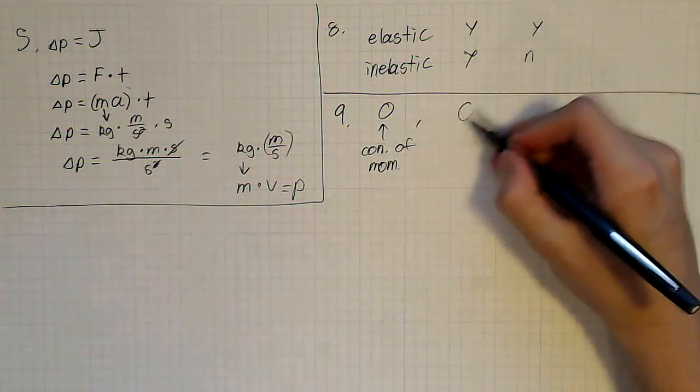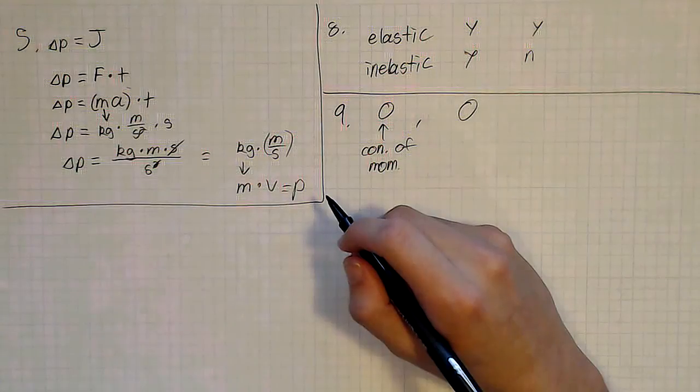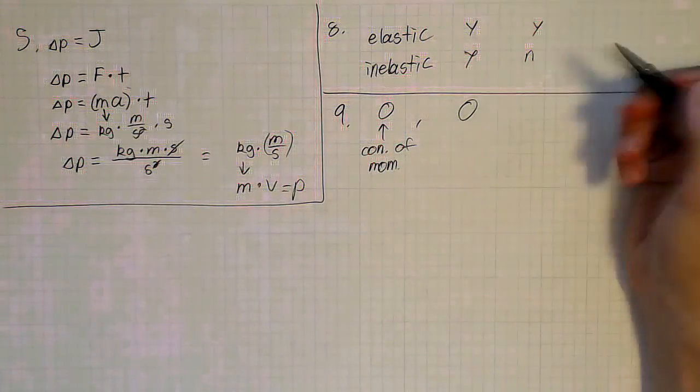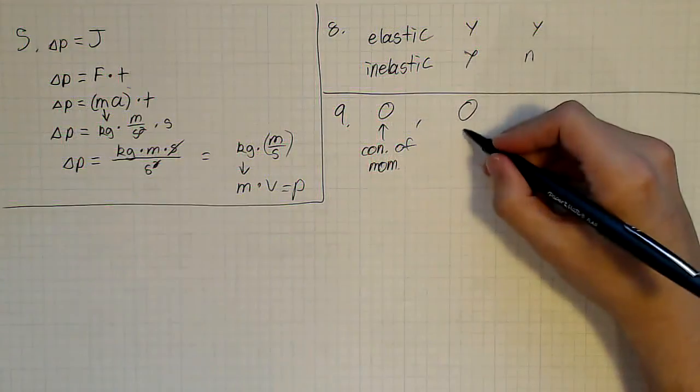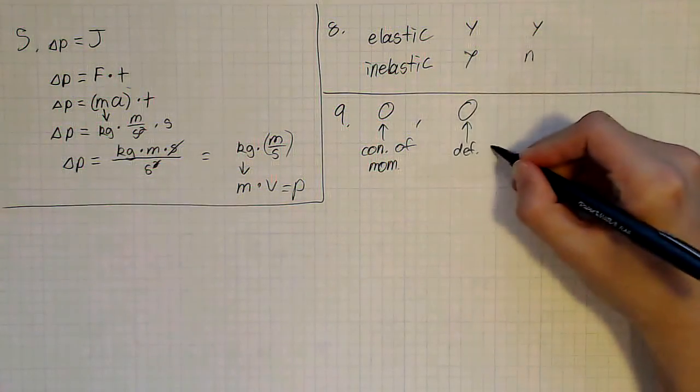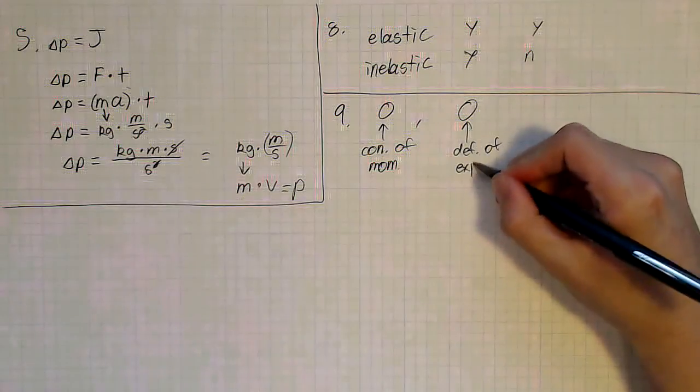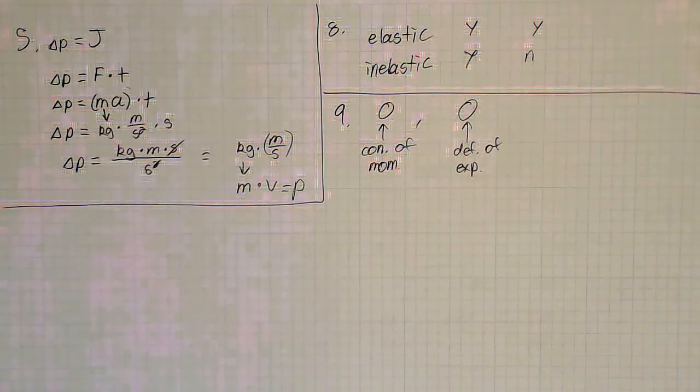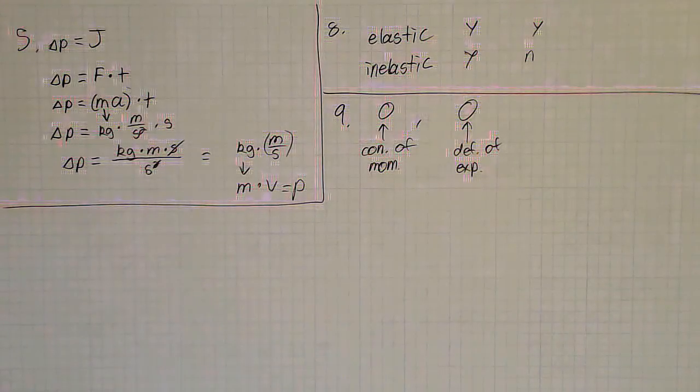Now, the second part of the question, asking what is the sum of the momentum before and after the collision, is also 0. But that is the definition of an explosion, because by definition in an explosion, the starting momentum is 0.